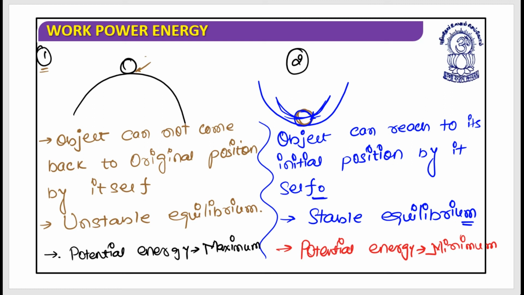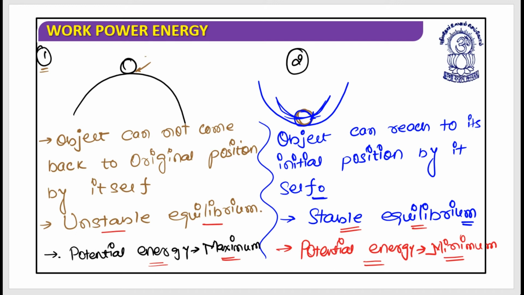So you can have one more idea from this, that if my potential energy is maximum, it must be the position of unstable equilibrium. But if my potential energy is minimum, it must be the position of stable equilibrium. Is it clear? Are you clear with this?